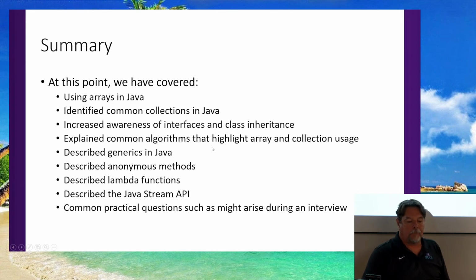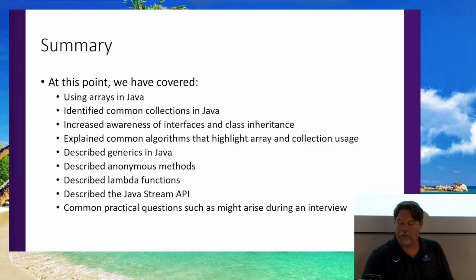So that wraps up all of this generic stuff talking about collections, arrays and collections, chapter 8, chapter 13. As advertised, we talked about common collections in Java. You have a little bit more of an awareness, hopefully, of interfaces and inheritance of these objects, even though it was in encyclopedic form.